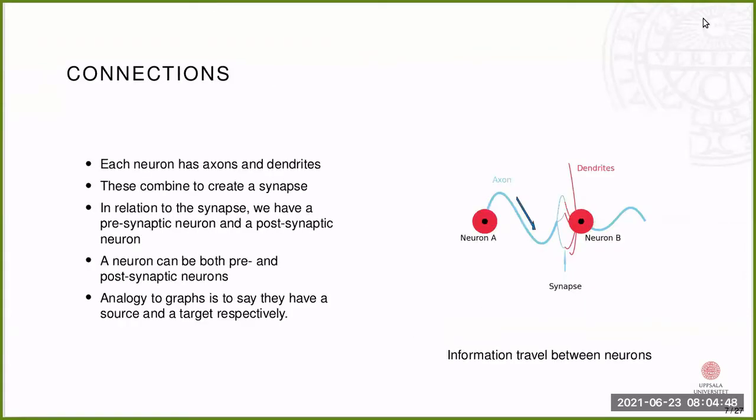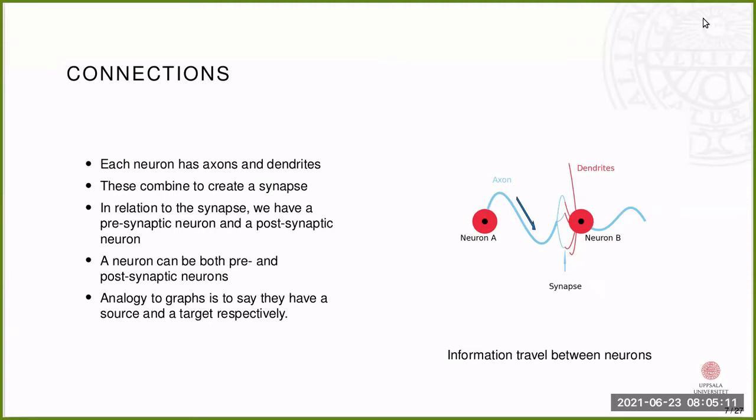If we look at one of these particular connections, we have two neurons that can be connected by a synapse, and this synapse is formed by an axon and dendrites.